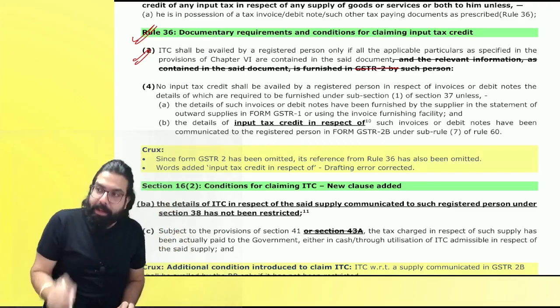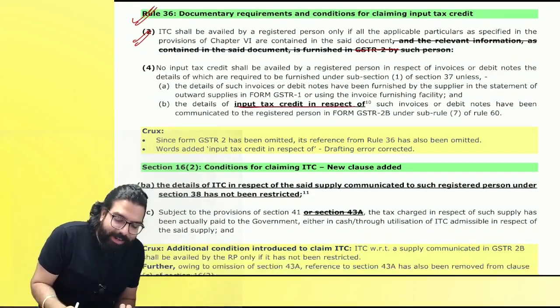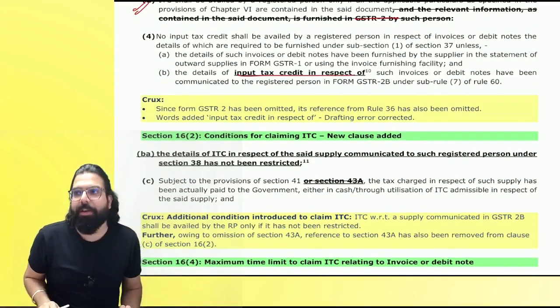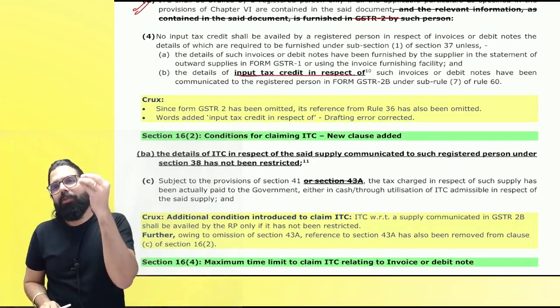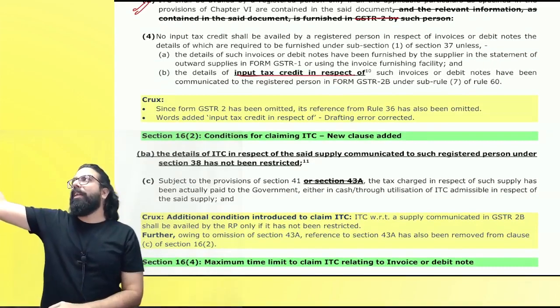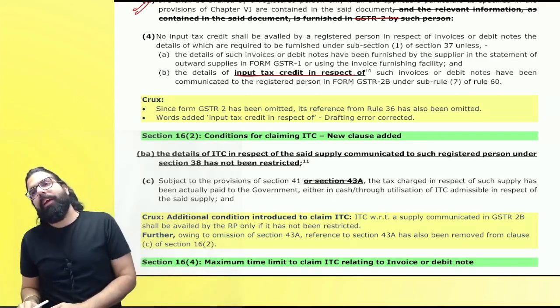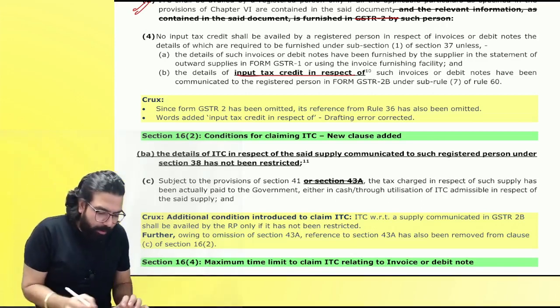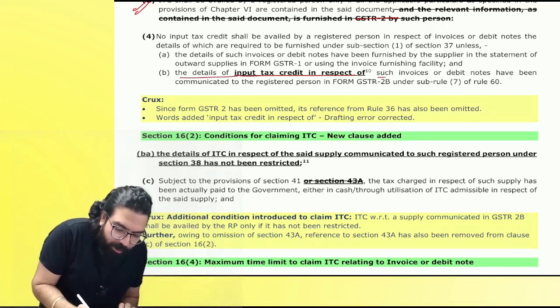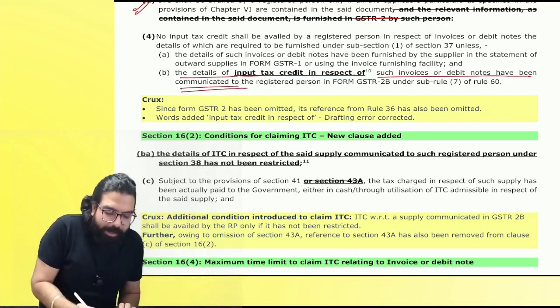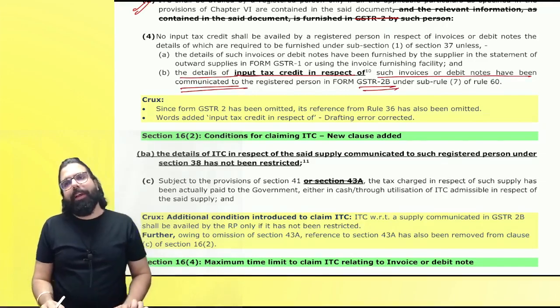So the reference is deleted. Then one small correction: ITC in respect of this point was not there. These words were missing. So they have written that whenever the supplier files GSTR1, the ITC in respect of that will come in your GSTR2B and you can take the credit. That's it. The details of ITC of such invoice have been communicated in GSTR2B. Only then you can take the credit.